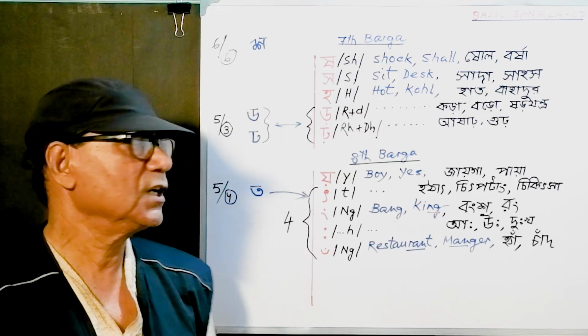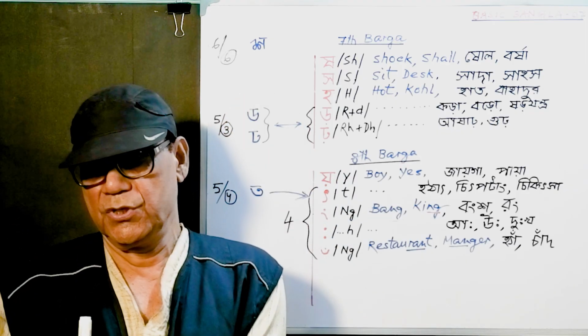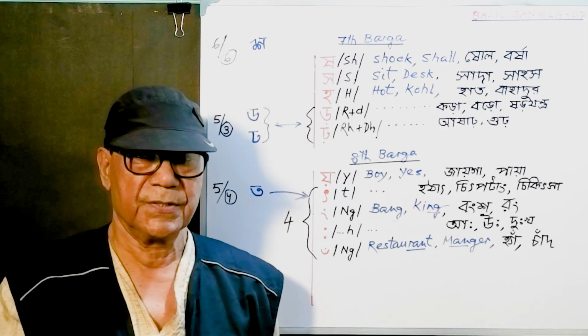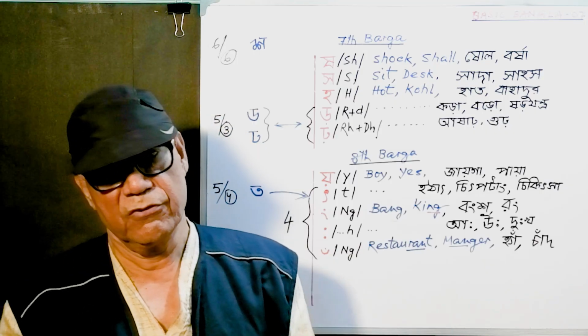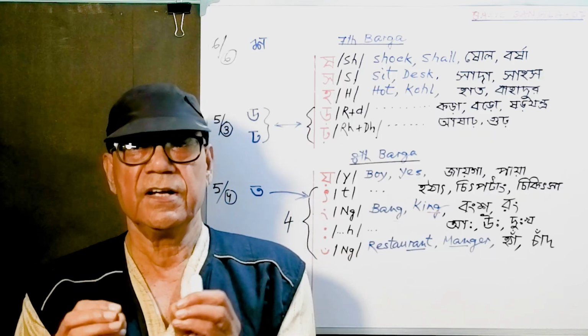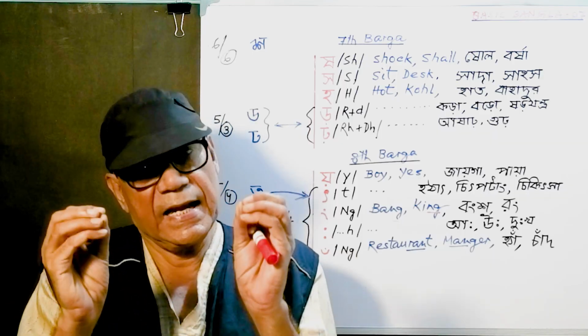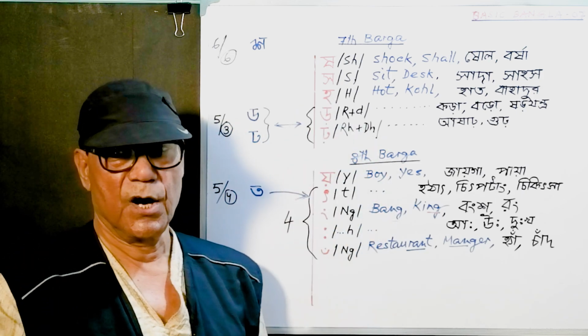Since we know the language, we understand what we mean. In written text and in spoken language, there are always some differences, in all languages. So don't worry about these difficult sounds.